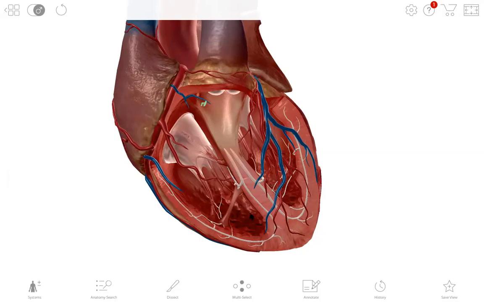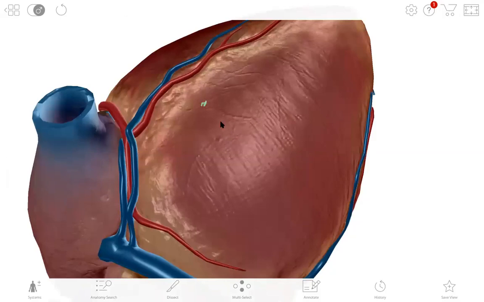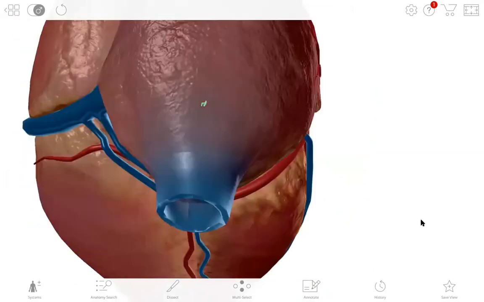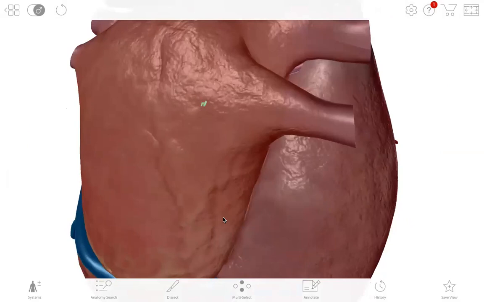Another surface is the diaphragmatic surface, which sits on the diaphragm, the inferior diaphragmatic surface. Another surface is the posterior surface.